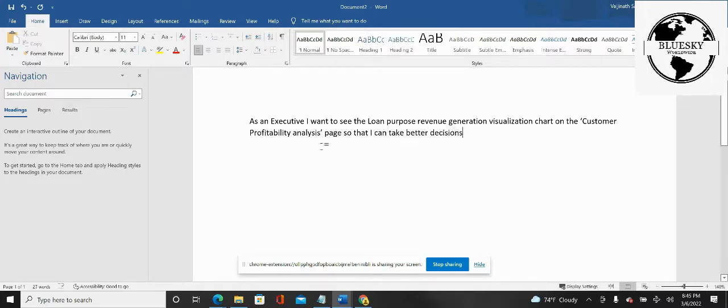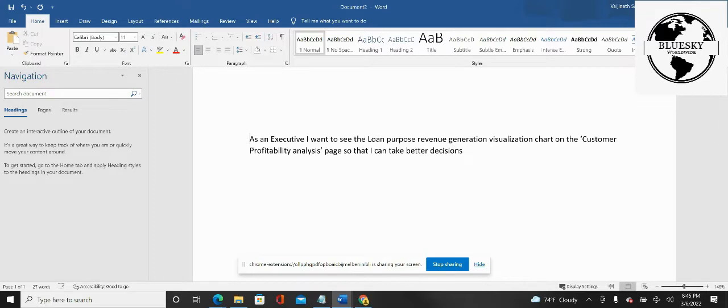So this is an example of a functional user story.